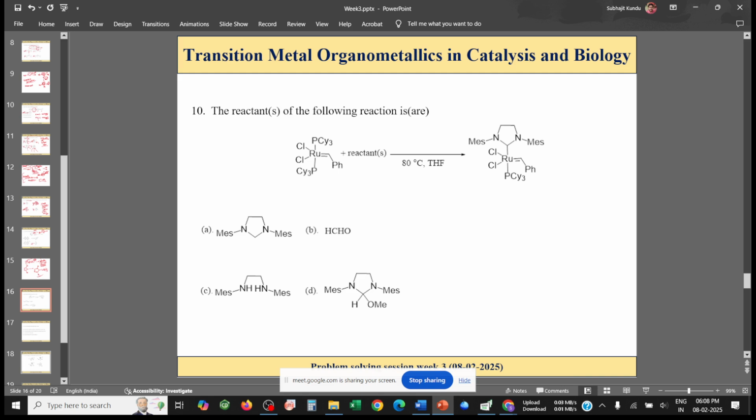Like this way, you can think that you have only this PCy3, and one of the PCy3 is removed here and this moiety is coming. So this moiety you just tick on it and it will be done.